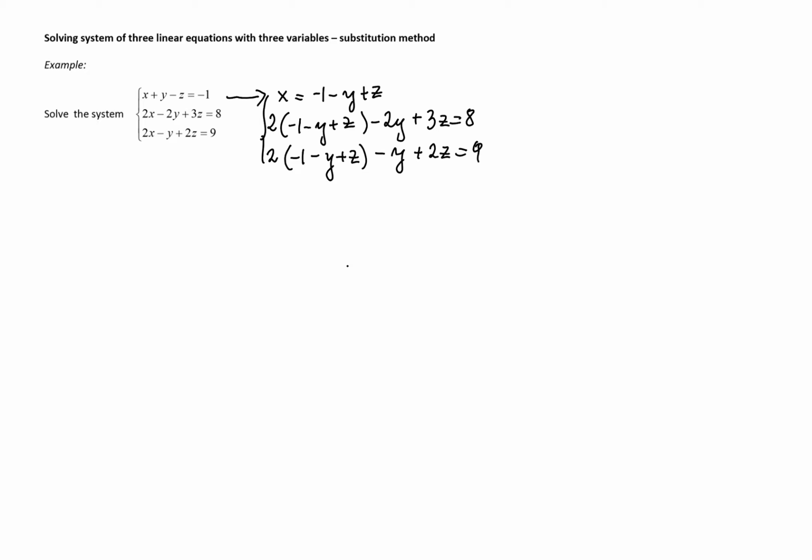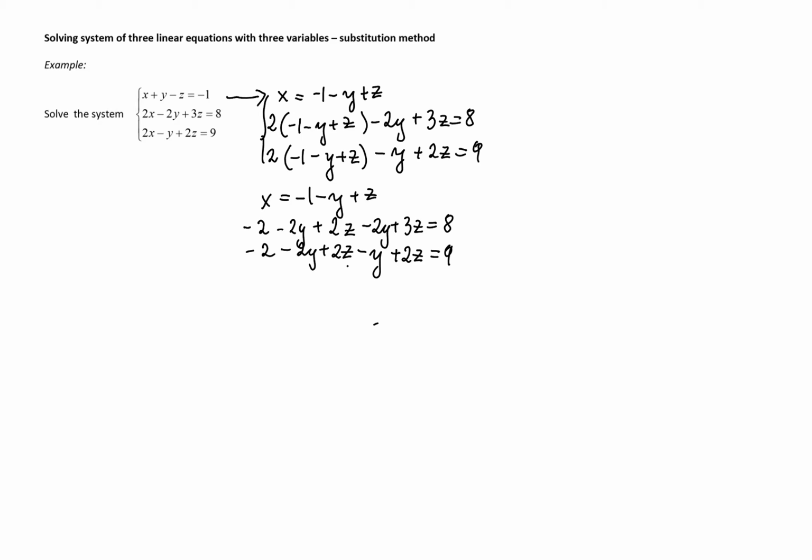The second and the third equations can be simplified. So we'll get x equals -1 minus y plus z, and the second equation is going to be -2 minus 2y plus 2z minus 2y plus 3z equals 8. And the third will be -2 minus 2y plus 2z minus y plus 2z equals 9.